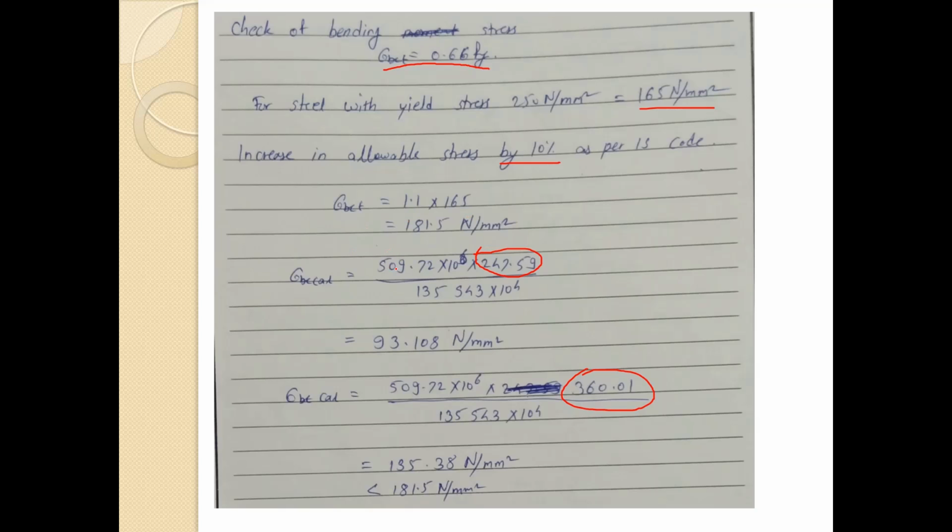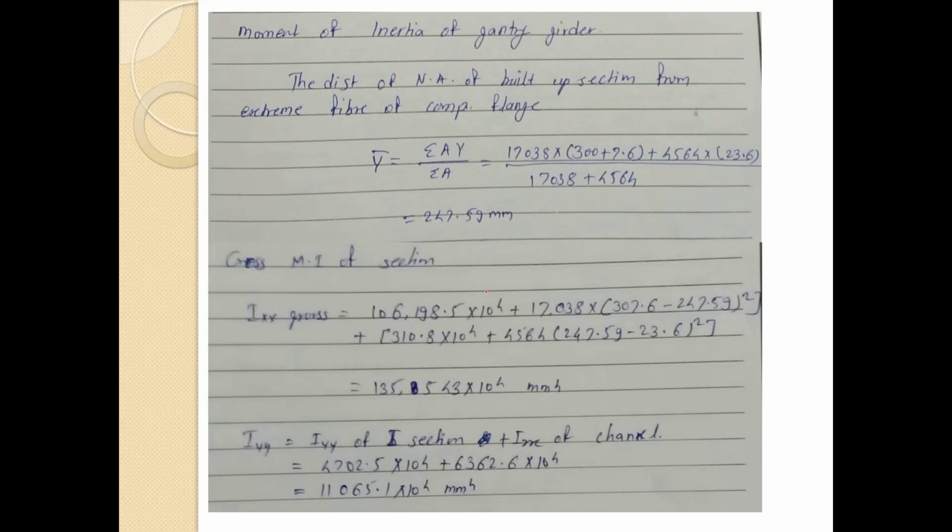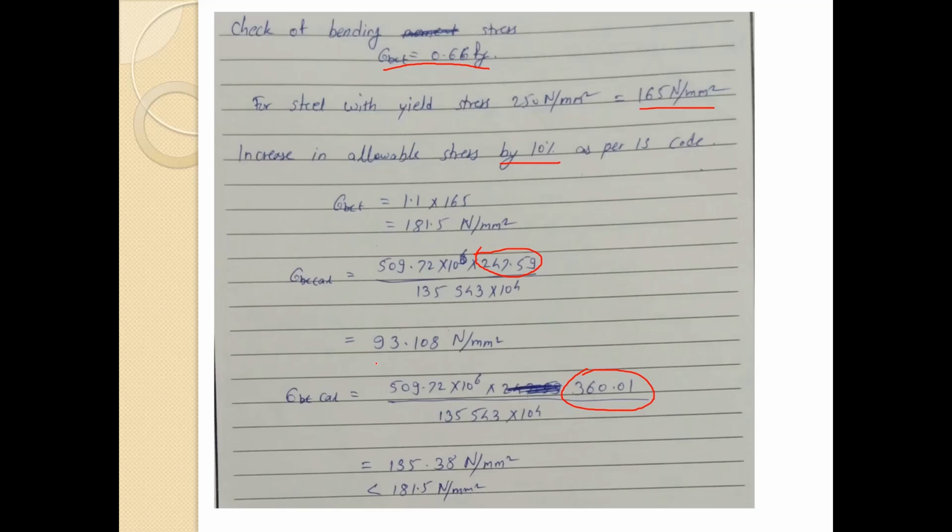So the bending moment into 10 raised to 6 into this y divided by Ixx becomes 93.108. And for the tension side, again bending moment into y divided by Ixx is 135.38. Both the values are lesser than 181.5. So hence our design is safe.